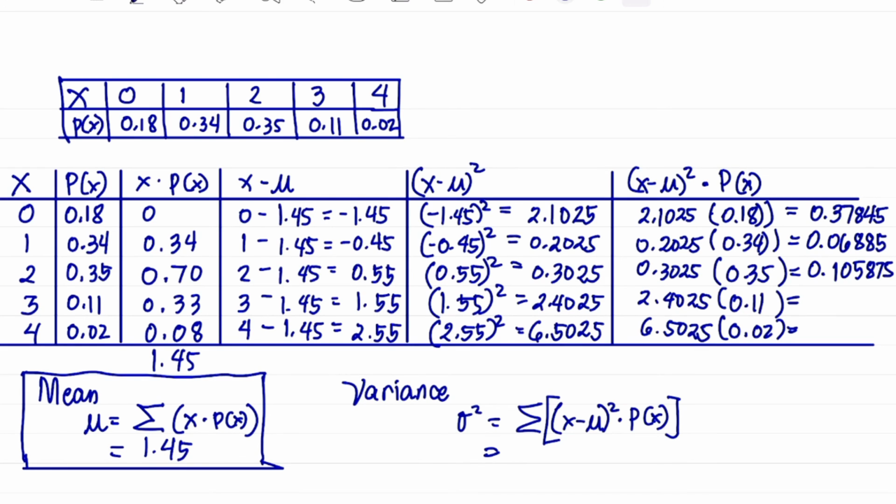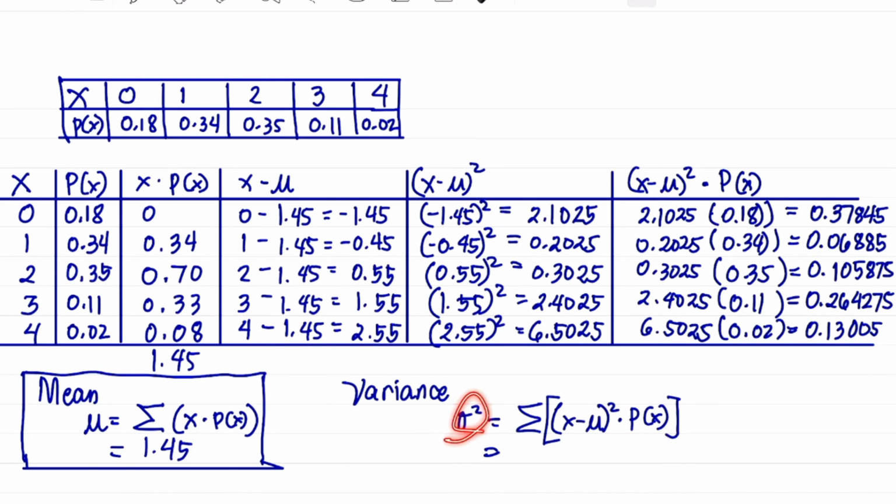Next, 2.4025 times 0.11, so that is 0.264275. And last, 6.5025 times 0.02, that is 0.13005. And then add this.